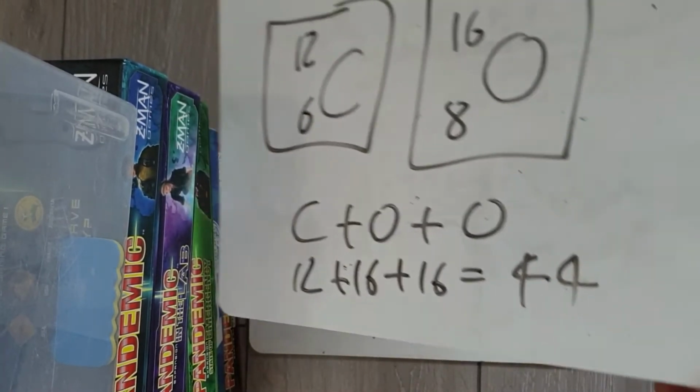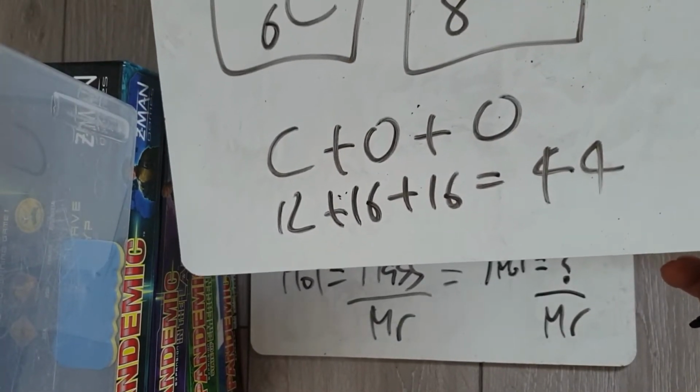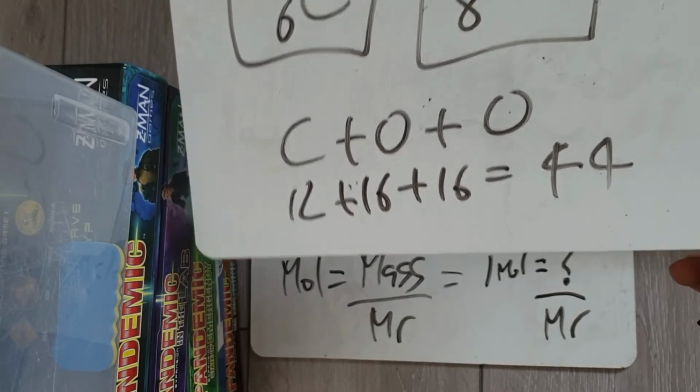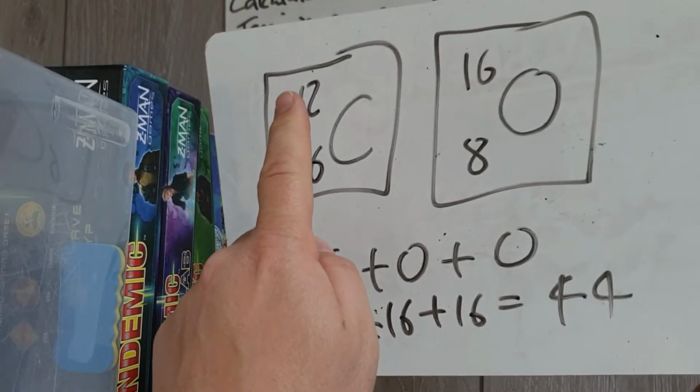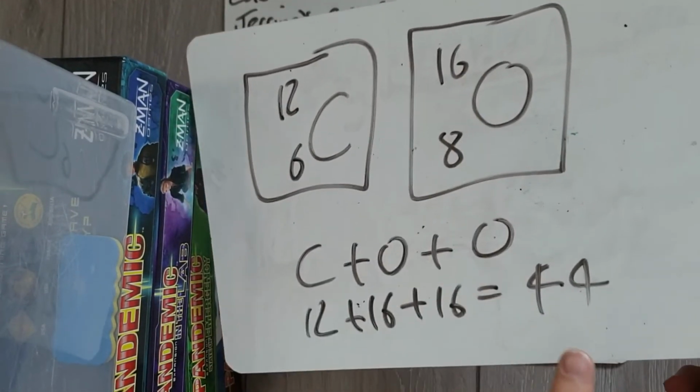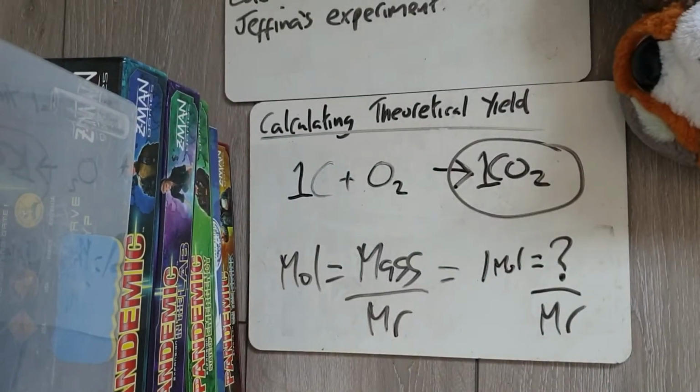This is a bit of revision from an older topic, so if you need to work out relative molecular masses, there are other resources online, but hopefully you can follow. CO2, 12 plus 16 plus 16, so the Mr is 44.